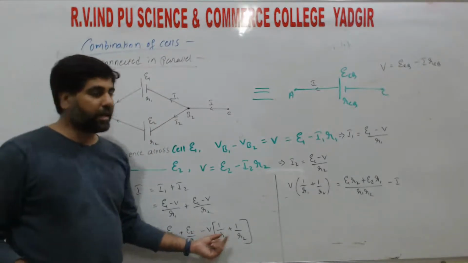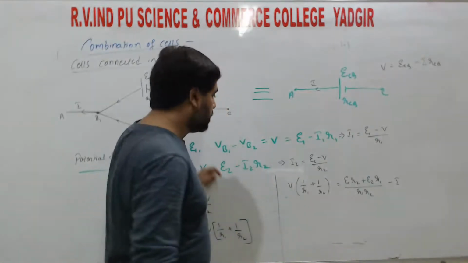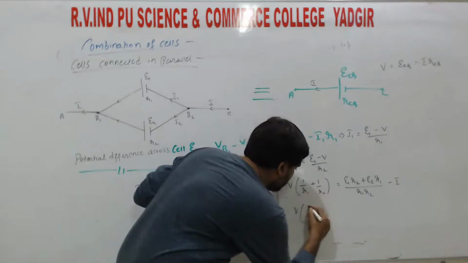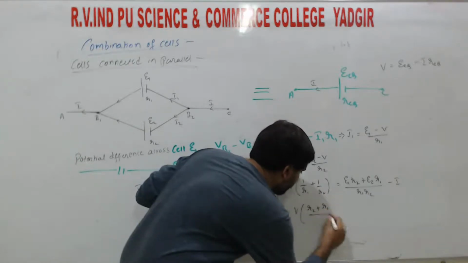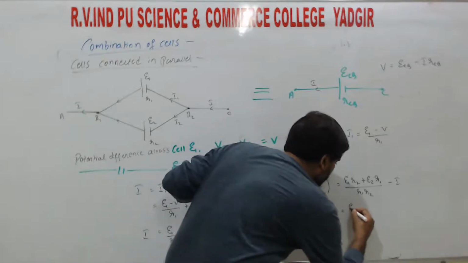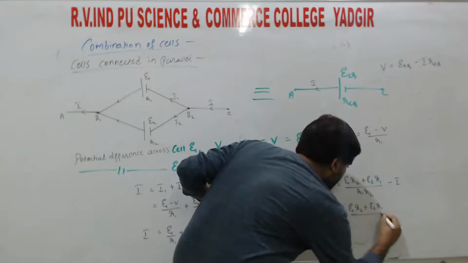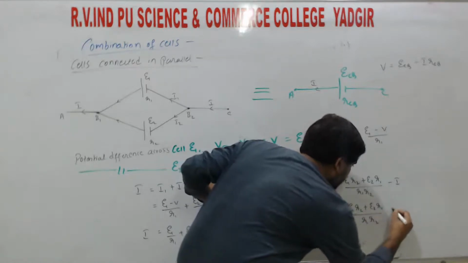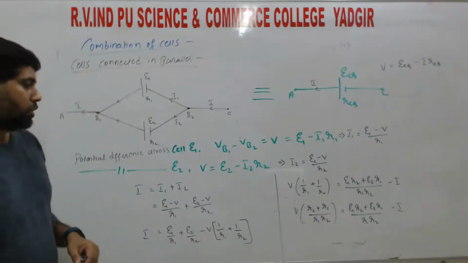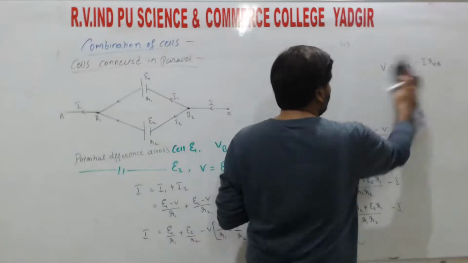We need the potential V on the LHS, so that's why we interchanged the terms. Here also if we take the LCM, R2 plus R1 divided by R1 R2, that is equal to E1 R2 plus E2 R1 divided by R1 R2 minus I. So, lengthy simplification, it is this one, V equivalent.